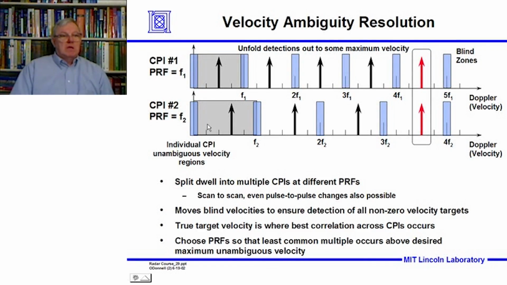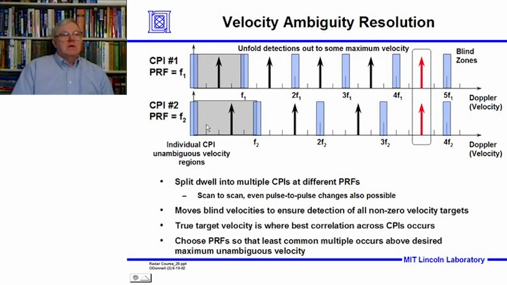Now when we transmit at a greater PRF, it folds down not 1, 2, 3, 4 times in a residue, but 1, 2, 3 times in a residue. But the residue is higher in Doppler space, so it falls here.